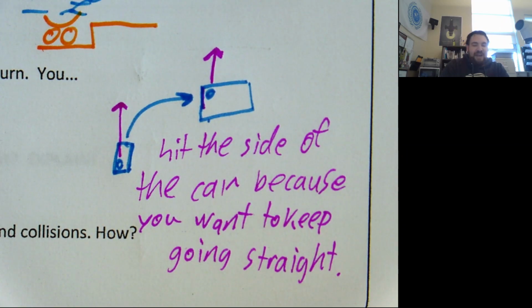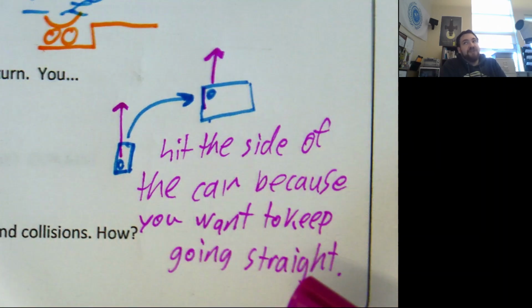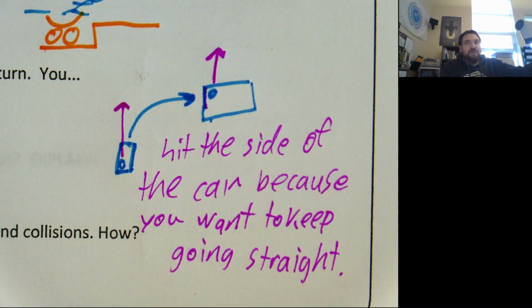The most epic memory I had of something like that was we had a bus driver take us around a roundabout a couple times, and we were all cheering and crushing the people on the outside. Because again, the body wants to go straight, but the bus keeps making the turn. So that is why it feels like you're getting squished. Your body just wants to keep doing what it was doing, and the bus says no.